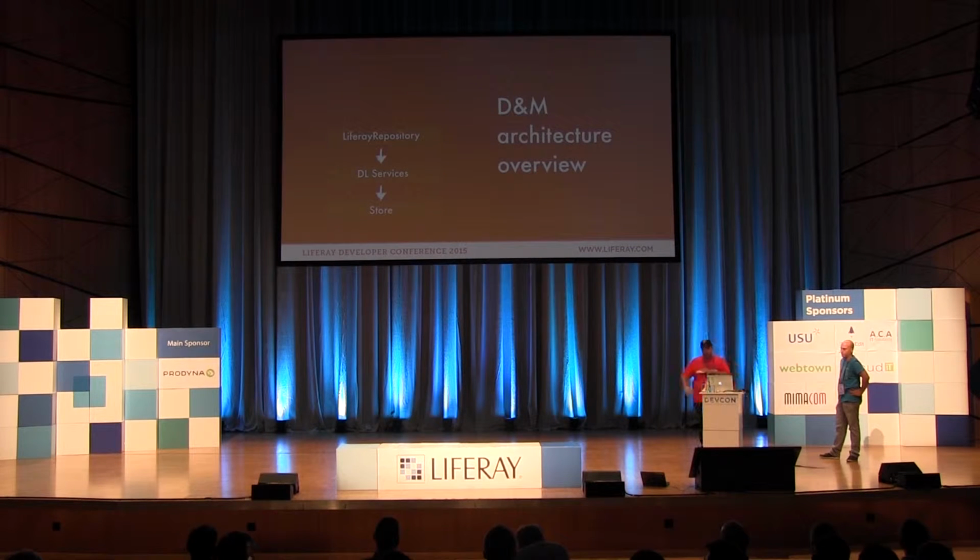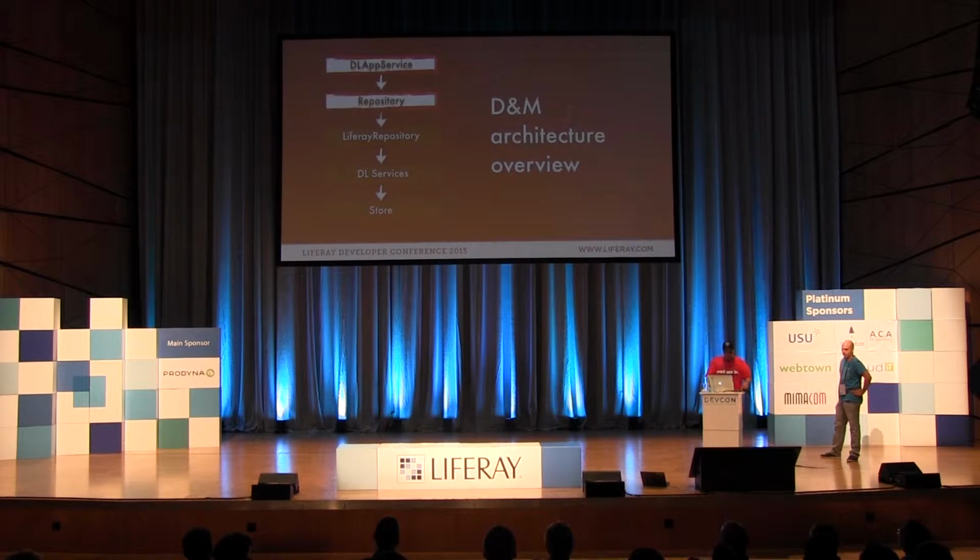And that stores it in the storage you have chosen or configured in your library. The most important part is at the top, the two top levels: DL app service and the repositories layer.